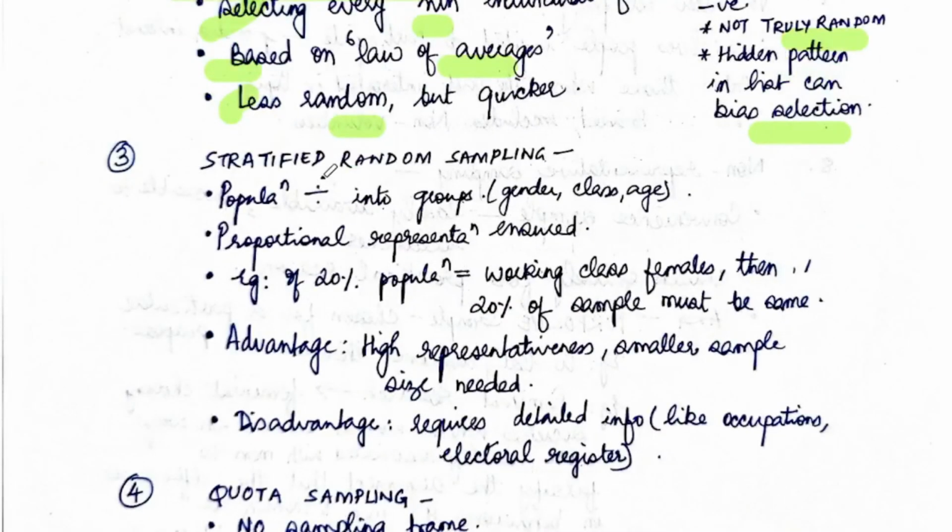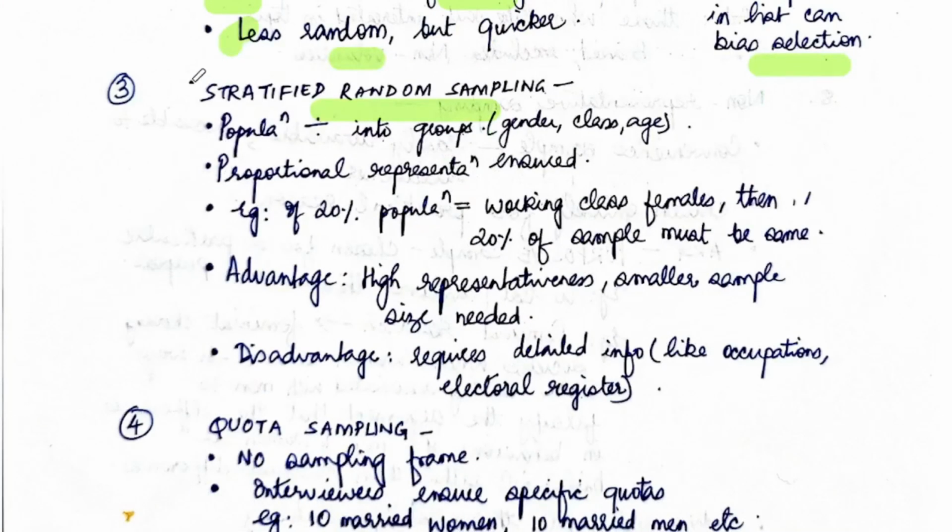Third type is stratified random sampling. What is stratified random sampling? Here the population is divided into groups or strata like gender, class, age, and then we do random sampling within each of these groups. And we ensure proportional representation in our sample.